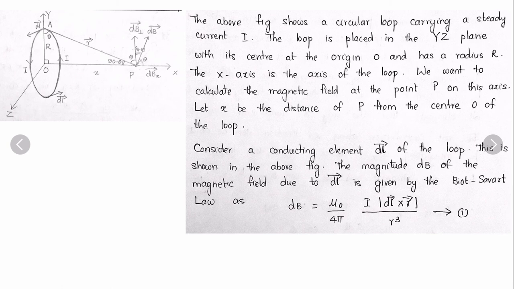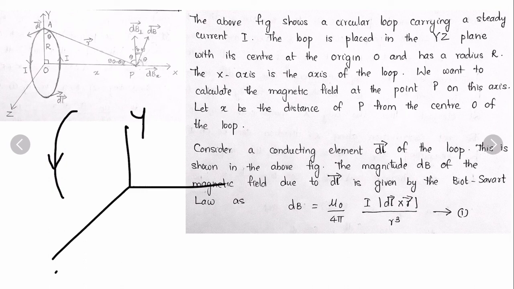Now if you see in this figure, the circular loop is carrying a steady current I. This is the direction of the current I. The loop is placed in the YZ plane.